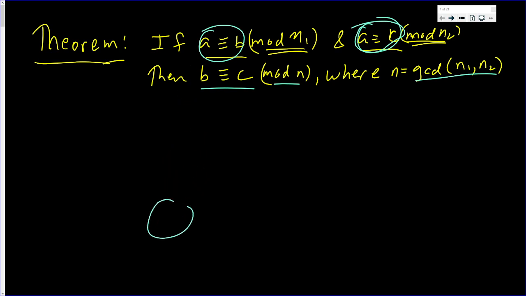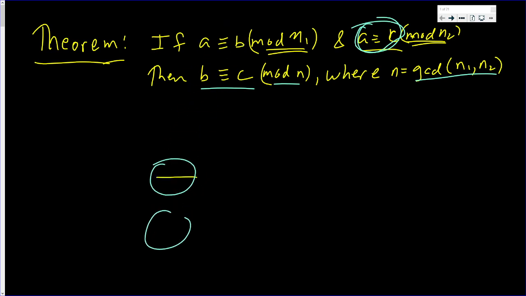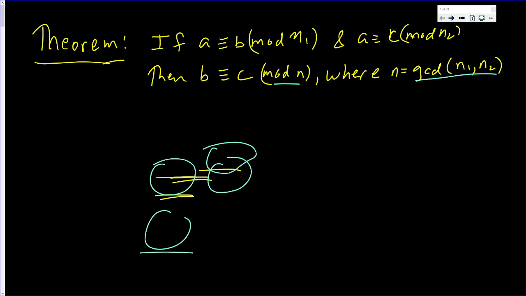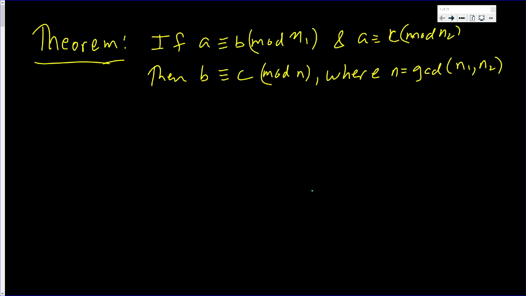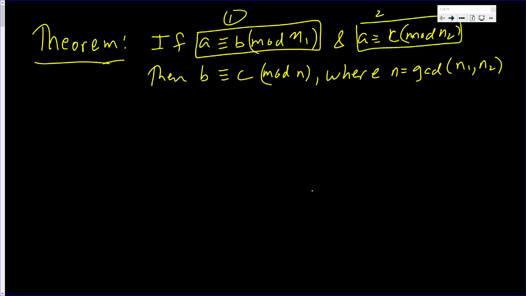Now, how I see this is we have some information. This is how I see most of my proofs. I try to go by definitions, because definitions usually help. So we're given this piece of information. Let's number them. We're given this piece of information.